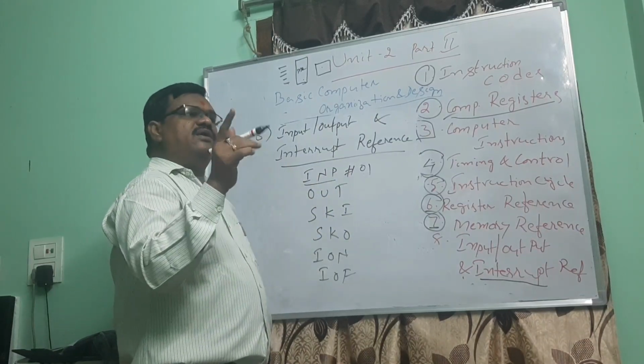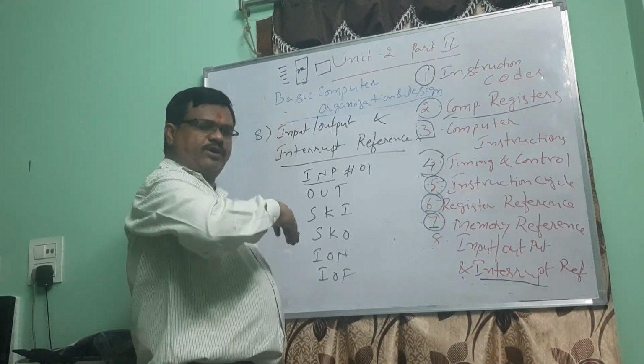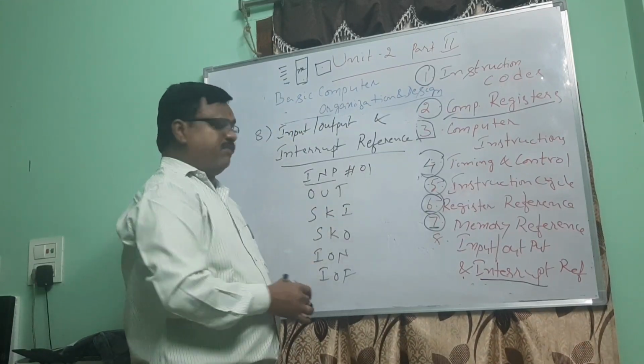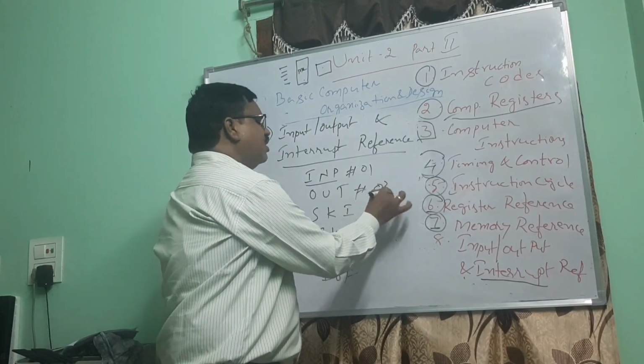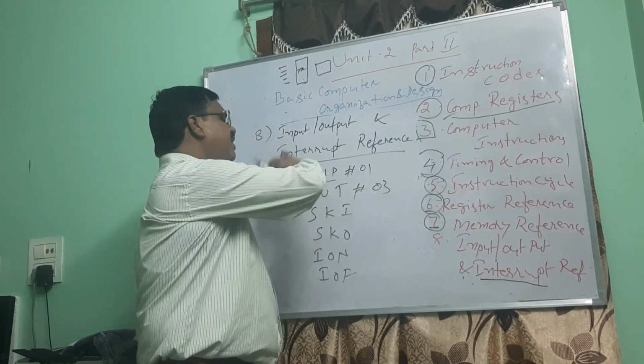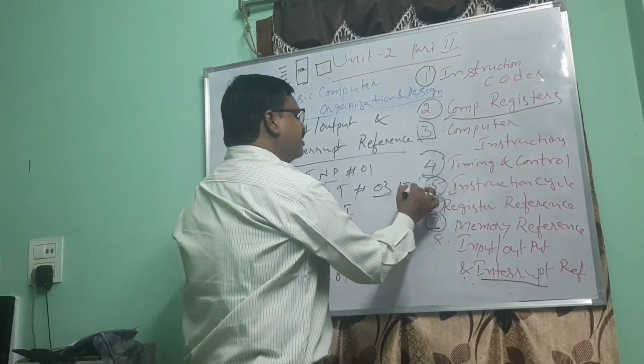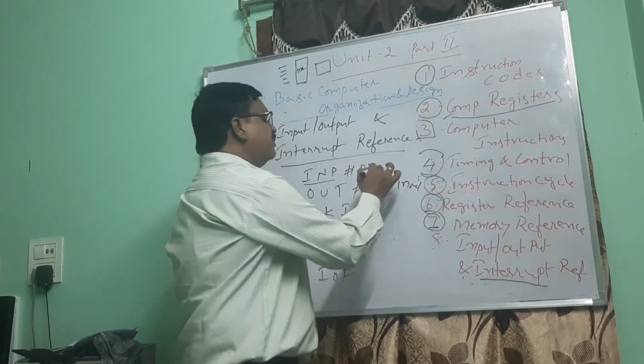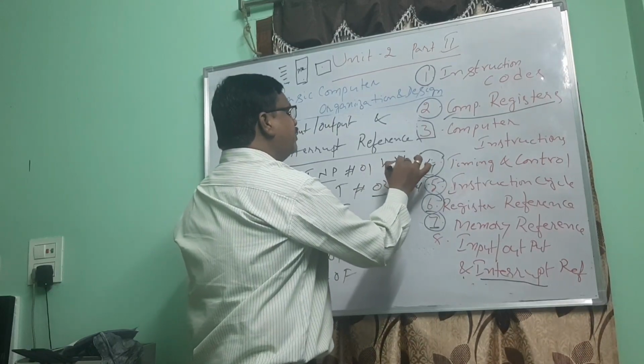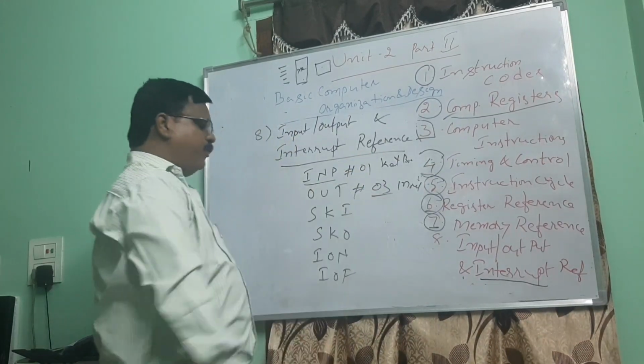So if you want to directly receive the data from that port number, we will use input port number or output port number. So the data will be displayed on port number 3. Sometimes it may be the monitor, sometimes it may be the keyboard. Okay. So like this, with the help of the port numbers.